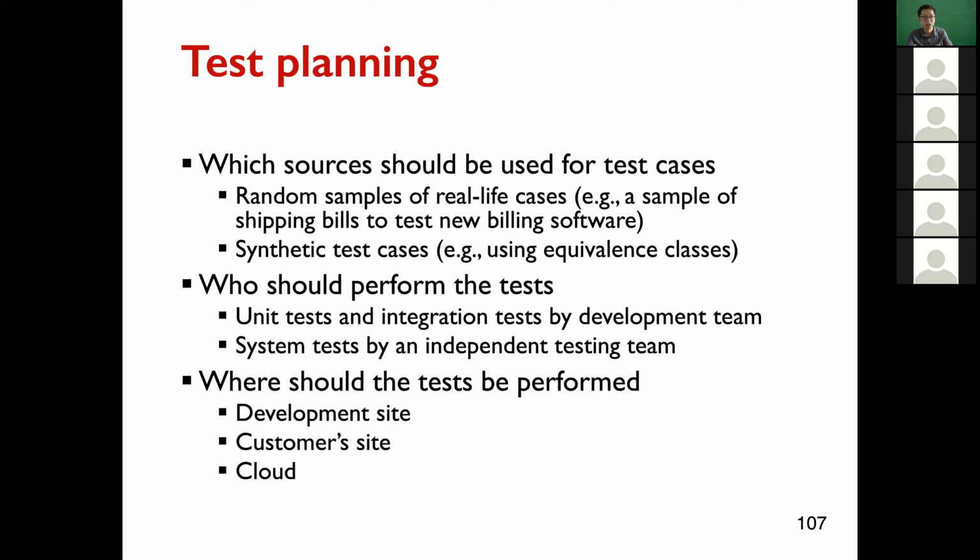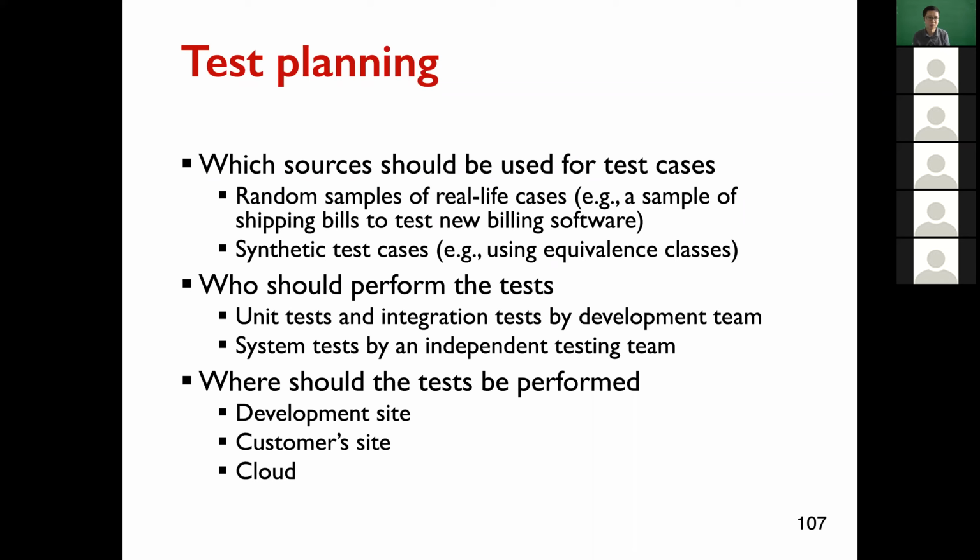For example, if we want to test a new billing system, we may want to use a sample of shipping bills to test the feature. Another way is to use synthetic test cases. As we discussed, we use equivalence classes to create some input values. That's synthetic test cases. These are sources that should be used for test cases.